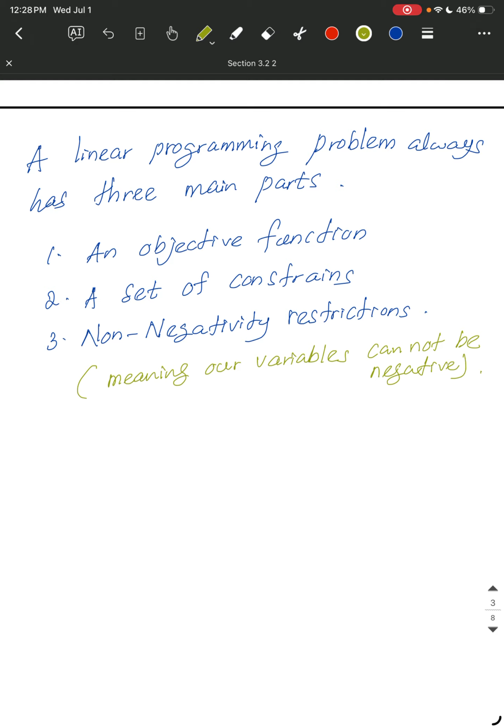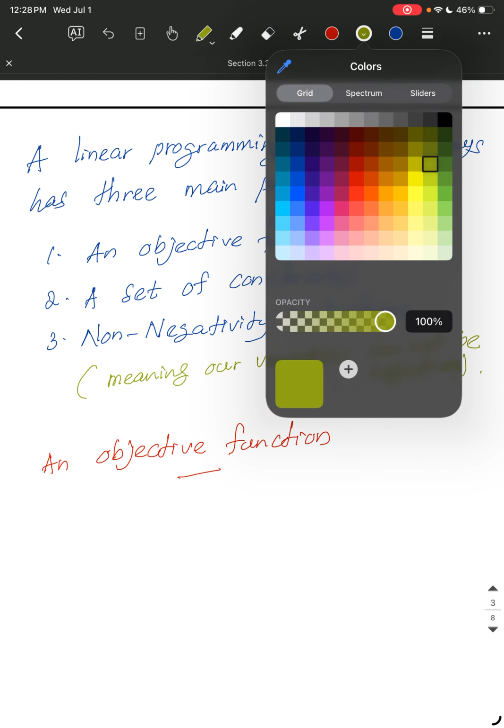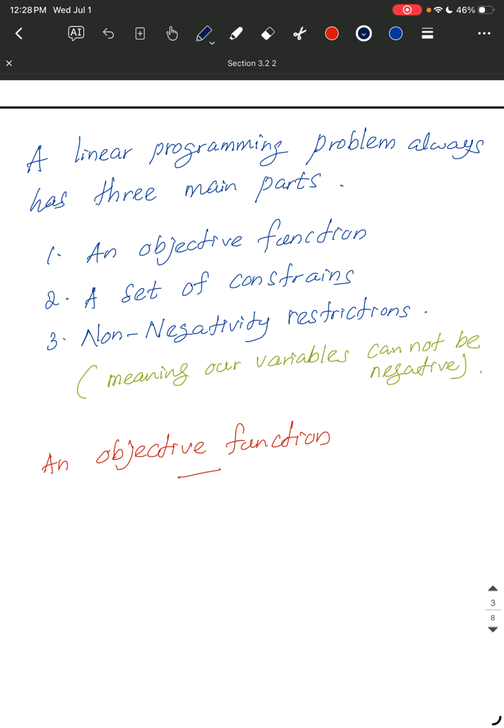Okay, let's start with the objective function. The objective function tells us what we want to optimize.